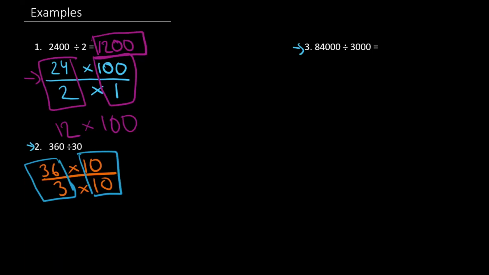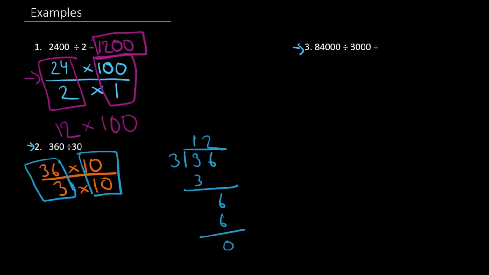Now, you solve it. 36 divided by 3. So 3 divided by 3 is 1. And 3 goes into 6 2 times with no remainder.